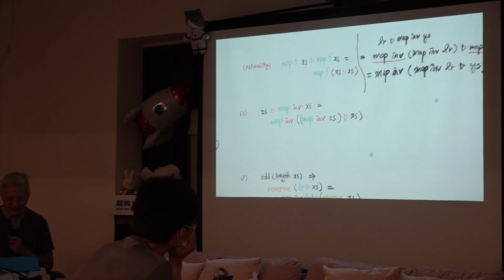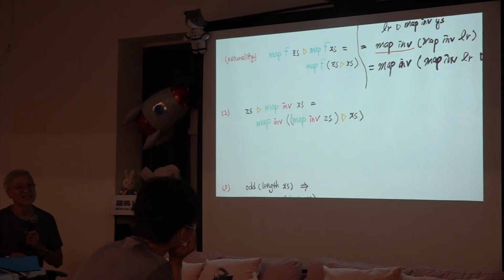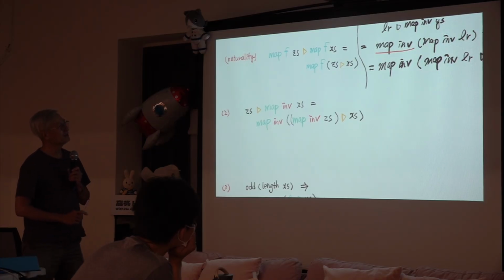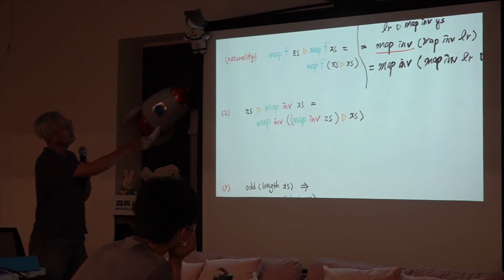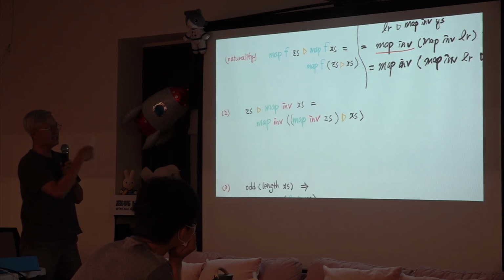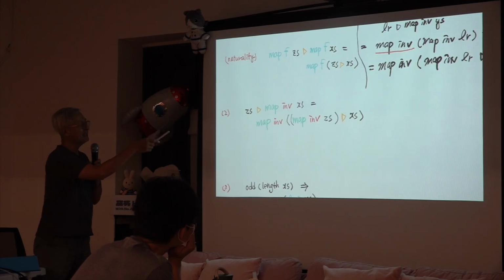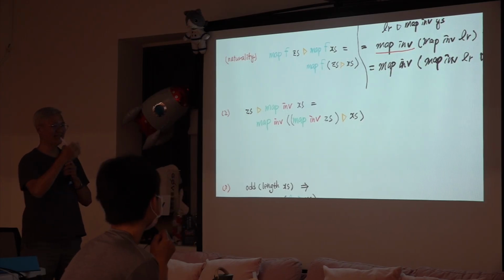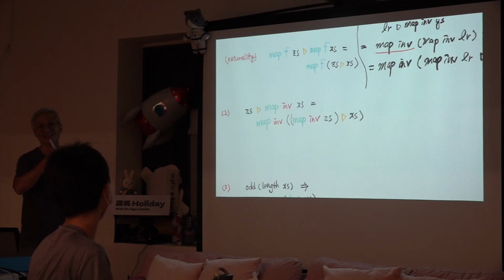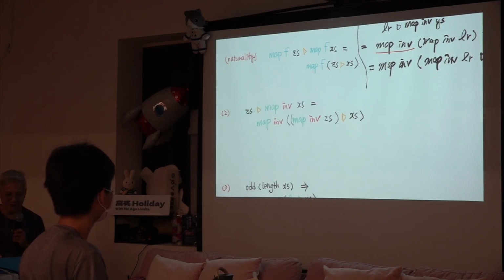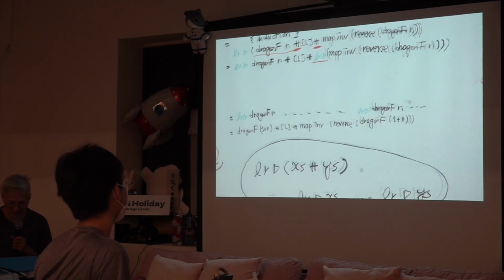Which is the property here. In the main calculation, Z is LR, and the map inv of Z is actually RL. But however, we don't need that much today.